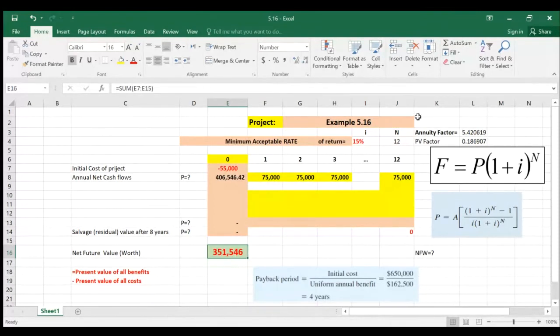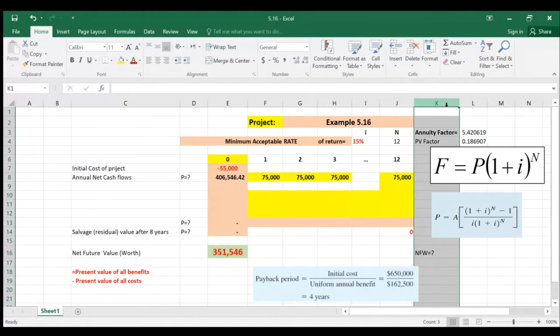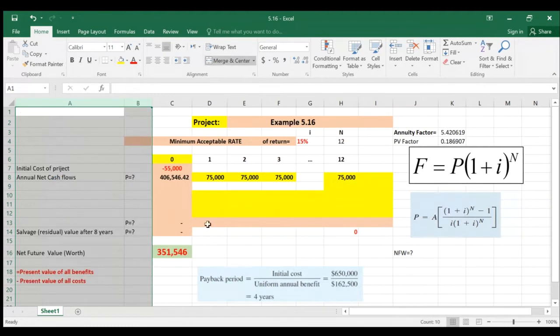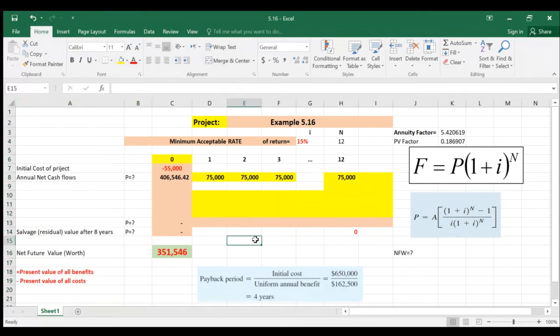Okay. So how do we calculate a net future worth?